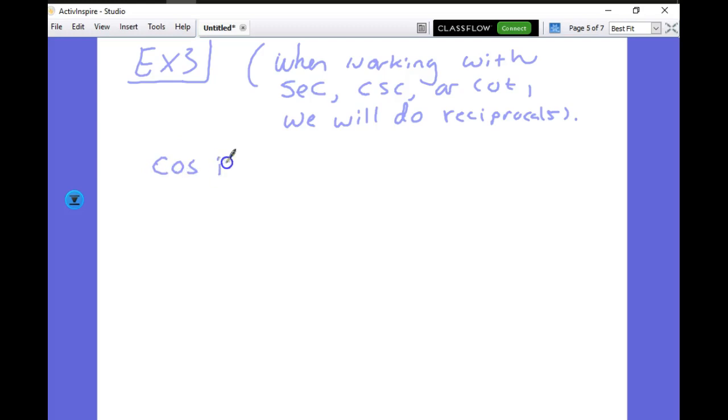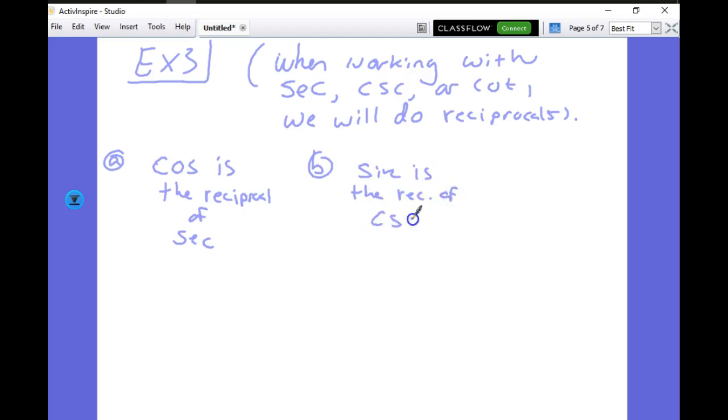Cosine is the reciprocal of secant, sine is the reciprocal of cosecant, and tangent is the reciprocal of cotangent.